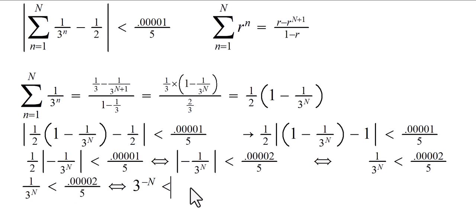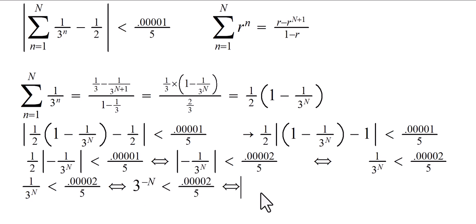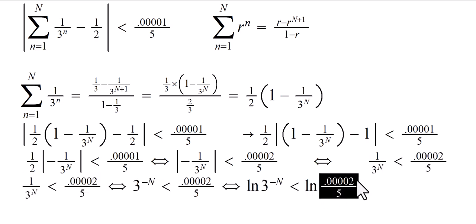And now to get n down, we may make use of logarithms. So if we take logs of both sides, let's take the natural log, and the natural log here as well of this quantity.